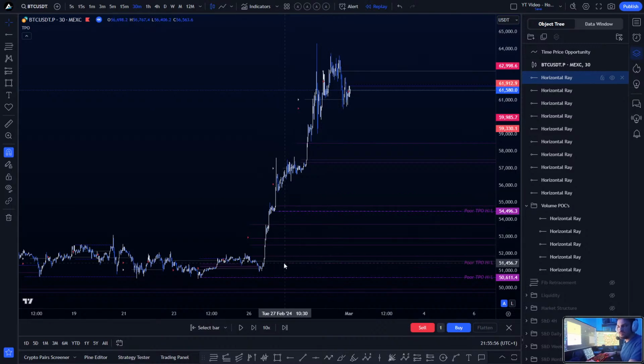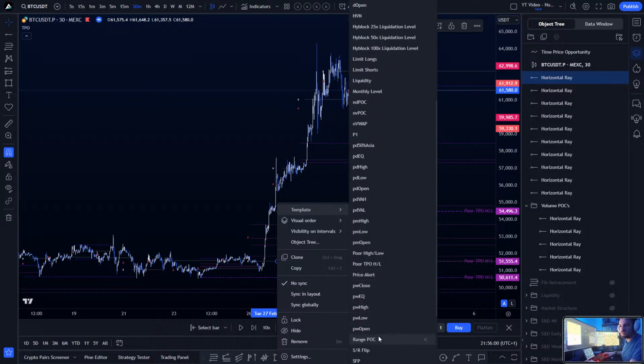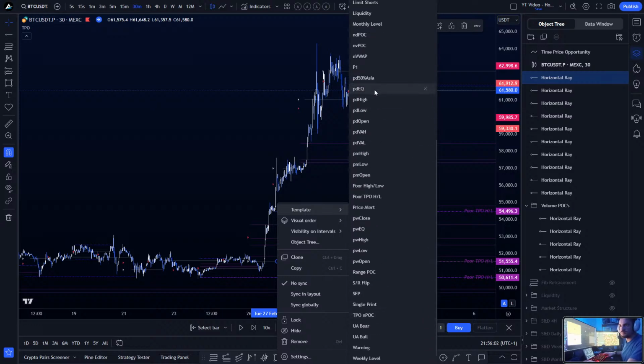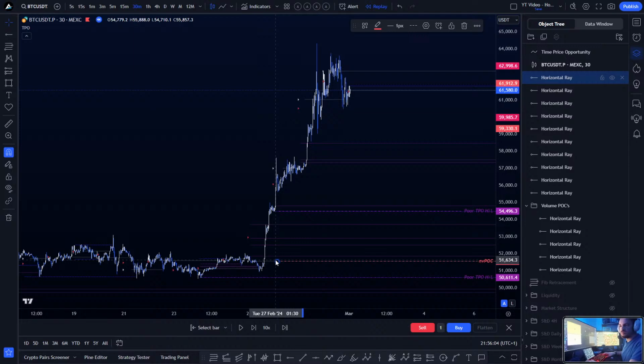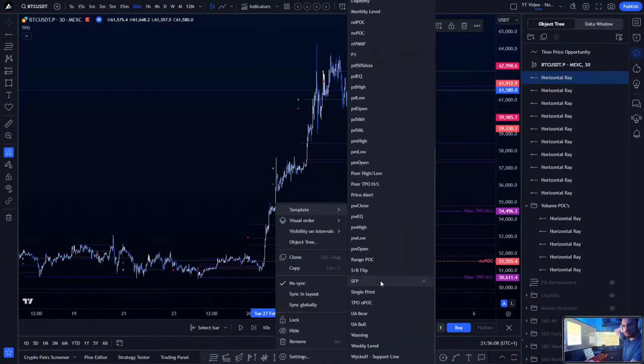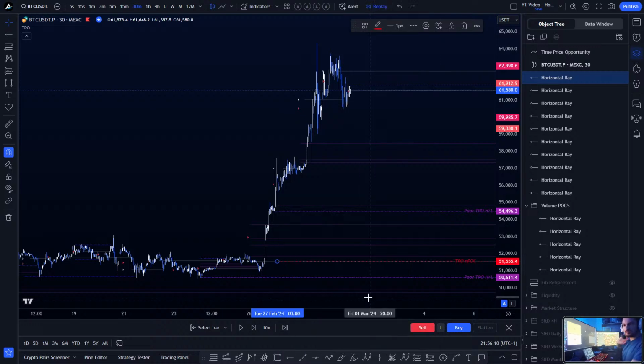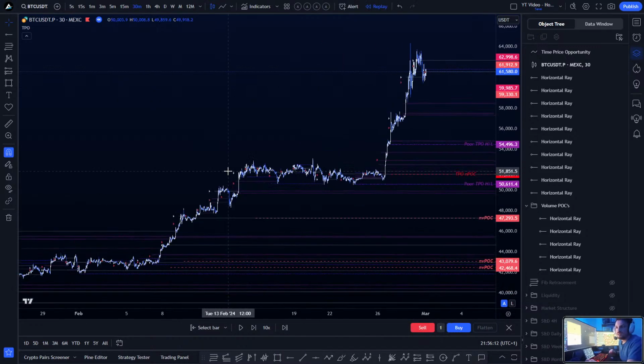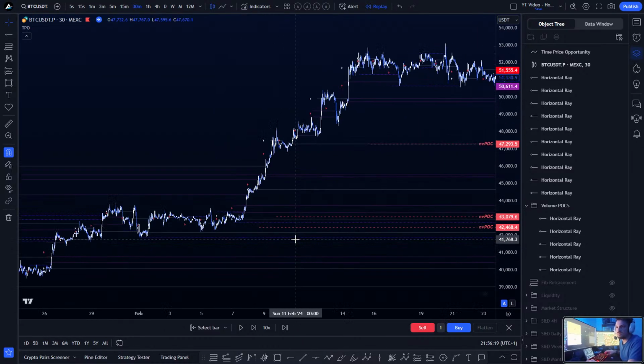I'm not gonna mark all of the single prints. If we start dropping here, we're just gonna drop hard. But I will mark out the point of control. Okay. And I mean, I don't think I need to mark out more than that.